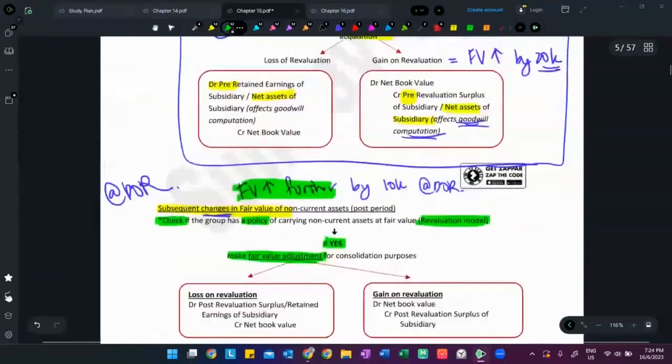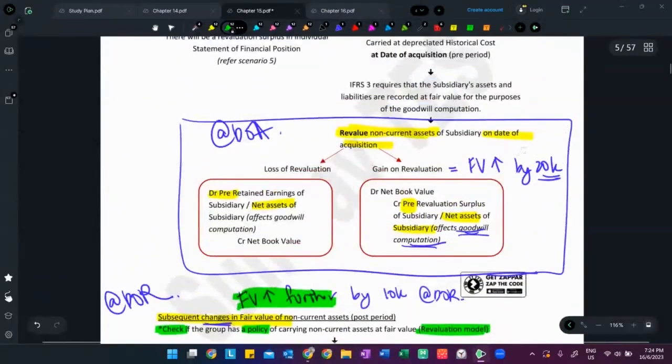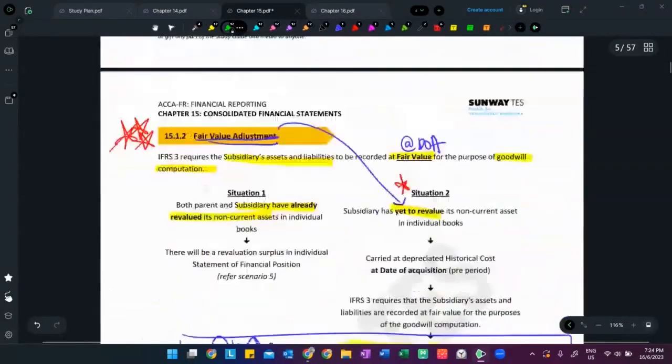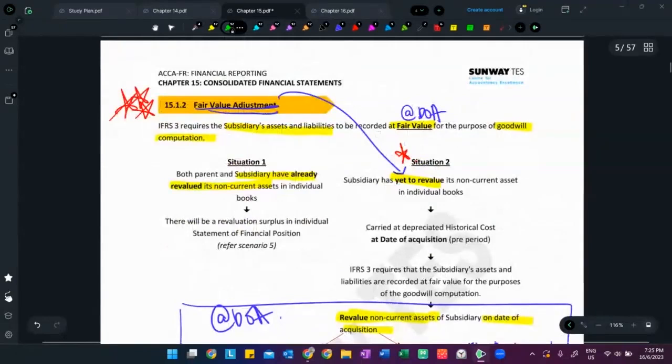Okay? But then for the one that happened at the date of acquisition, must we check whether the group is using the cost model or revaluation model? No, take note. You do not need to bother what model the group is using. At date of acquisition, the IFRS 3 rule here says that it must always be recorded at fair value, regardless of whether it is under cost model or revaluation model.